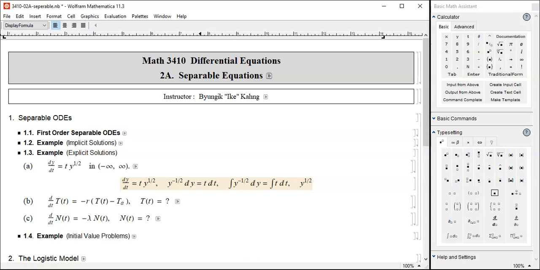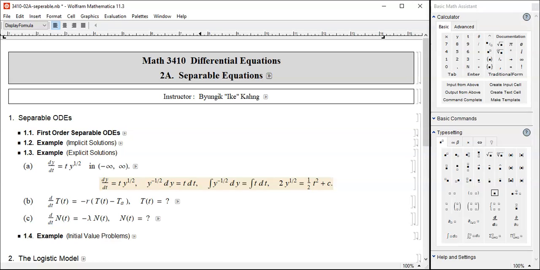Raise the power by 1, and then we need the reciprocal here because I have to divide. And then 1/2 t squared, and then I need an integral constant.